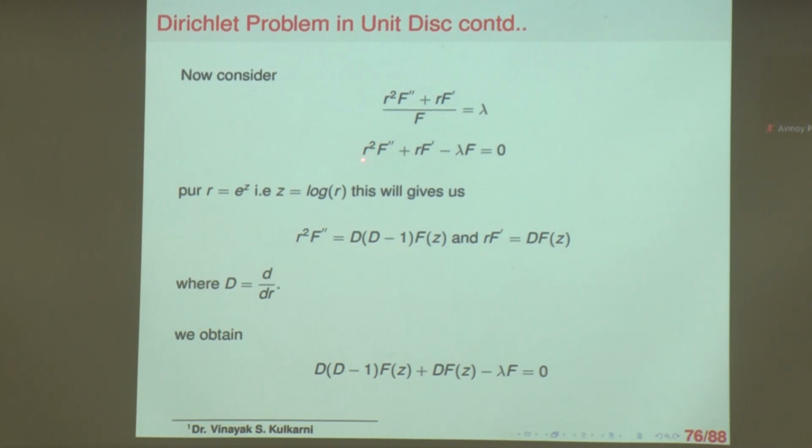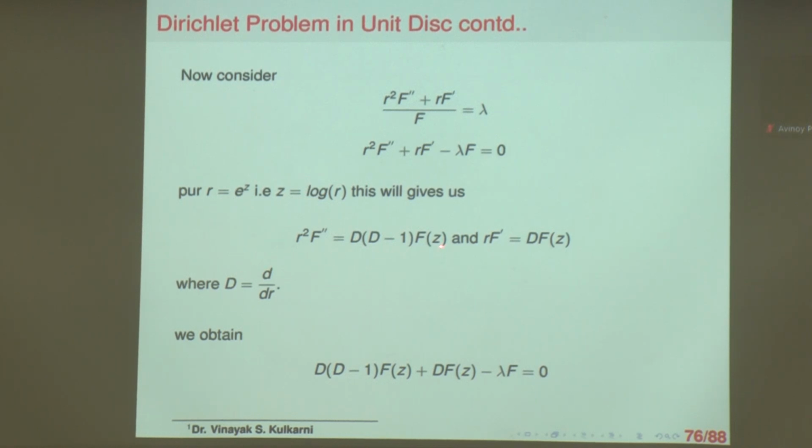This is not a constant coefficient equation, it is a variable coefficient one, so I will have to convert it into constant coefficient by substituting r equals an exponential function, that is r equals e to the power z. Whenever I put r equals e to the power z, then z is nothing but log of r. This calculation I have not done here, but you can do it easily.